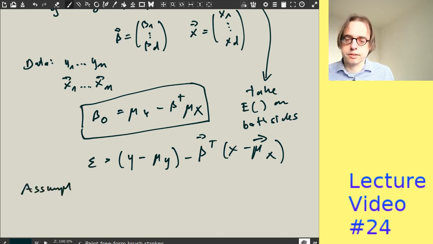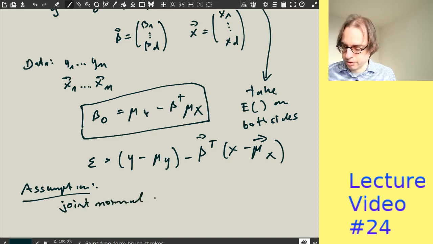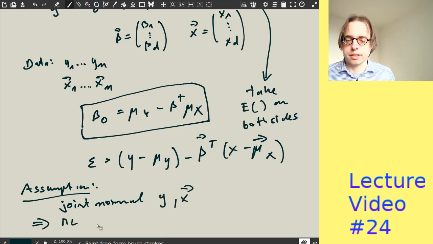In maximum likelihood we need to assume distributions, so we assume a joint multivariate normal for y and x, and this leads to the following ML estimators.